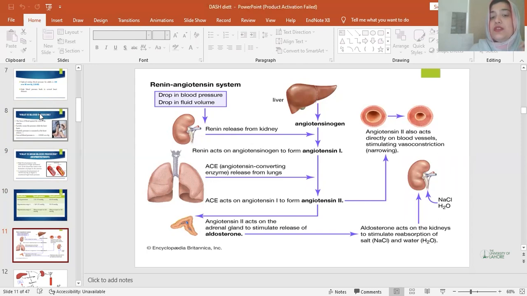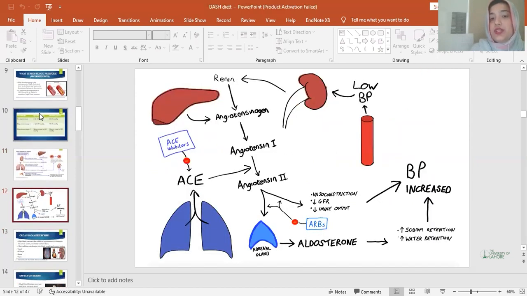Further, angiotensin 2 acts on the adrenal gland to stimulate release of aldosterone, and aldosterone acts on the kidneys to stimulate reabsorption of salt and water, creating an edematous condition and raising blood pressure. So renin is secreted from the kidney and acts on angiotensinogen in the liver to convert it into angiotensin 1, then ACE acts on it and converts angiotensin 1 into angiotensin 2.